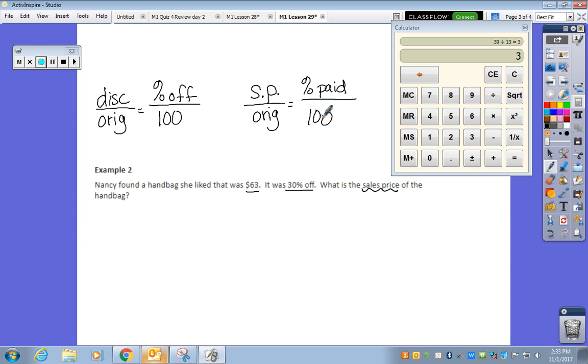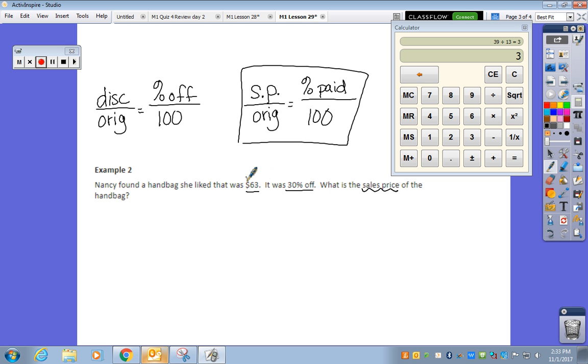So we have to determine which one we have the information to use. If you look, it's asking us to find the sales price of the item. When I look at a problem, I want to use the one that's going to get me my answer straight from my equal fractions. So since I'm looking for the sales price, I would want to use the one that's talking about sales price.